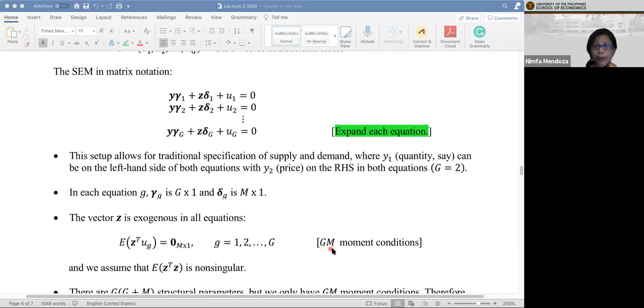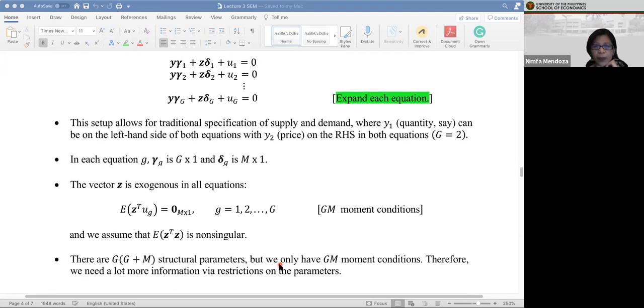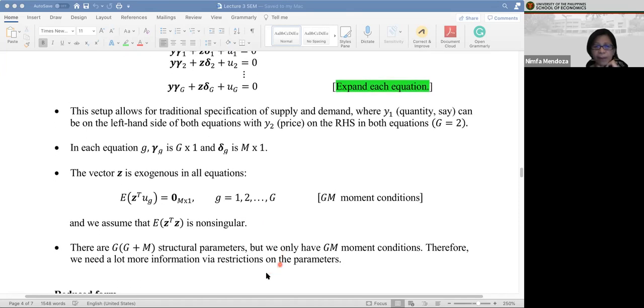We have G times M moment conditions. And then we assume that the expected value of Z transpose Z is non-singular, just to ensure the feasibility of the estimator, that we can calculate the estimator.